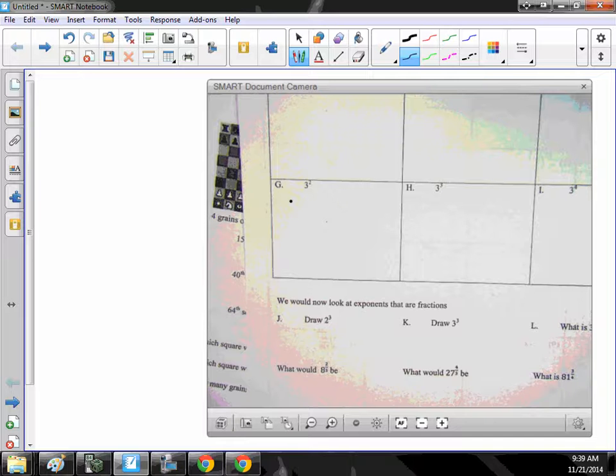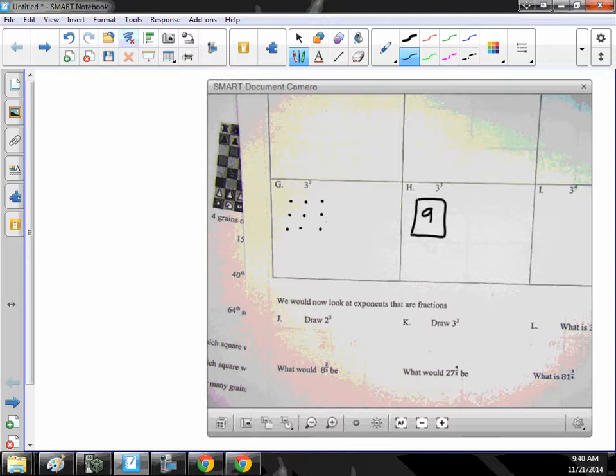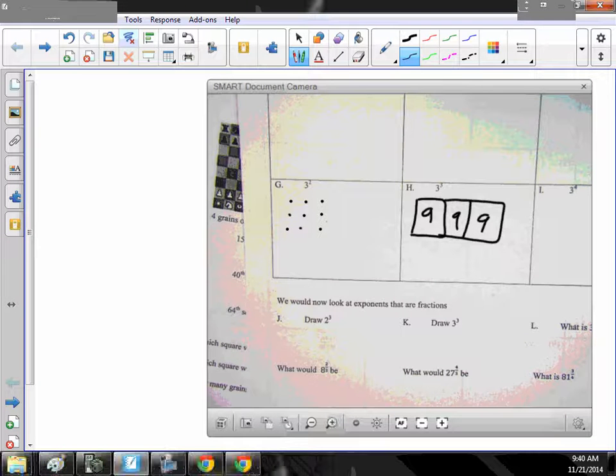Okay. Now I'm getting kind of lazy, so I'm not gonna draw all of these out. But if I start with 3 dots, what am I gonna do to those 3 dots? Triple it. So that would be 3 squared. What would 3 to the third look like? So I would take this picture with 9 dots, and I would triple it, which gives me this, for a total of 27, right?